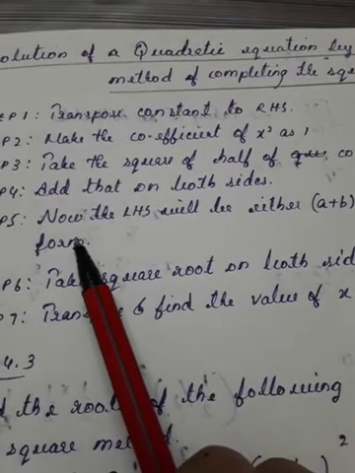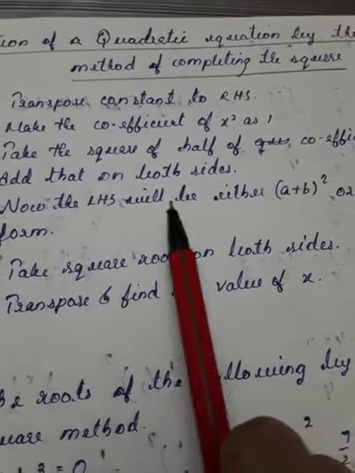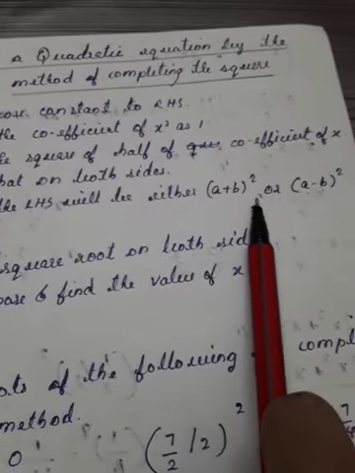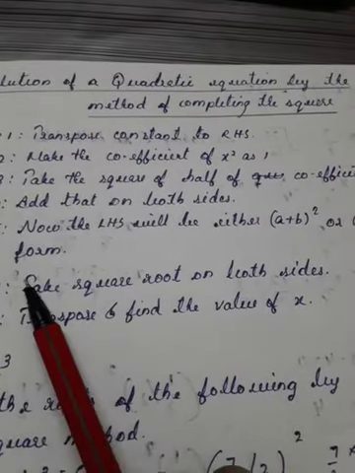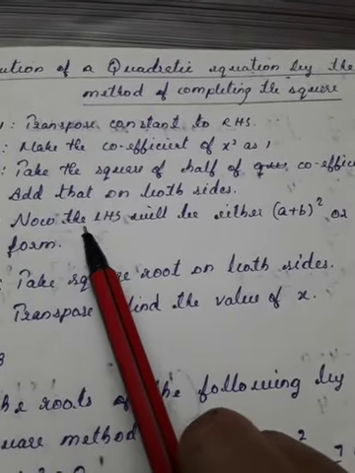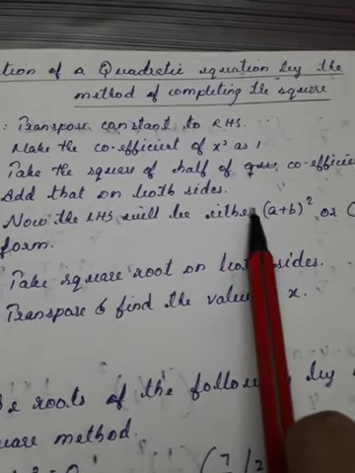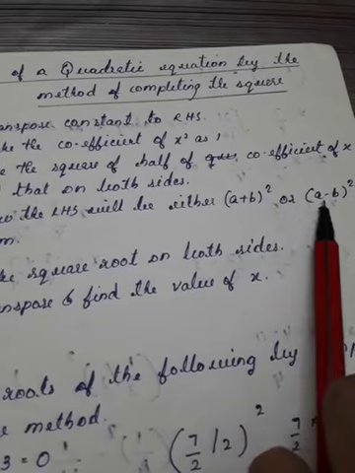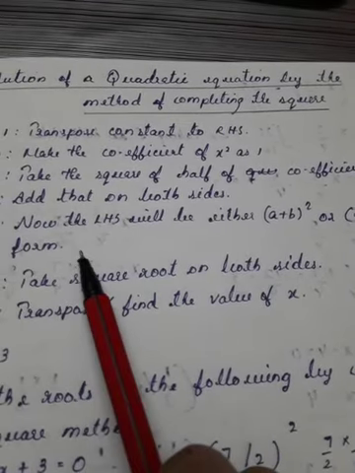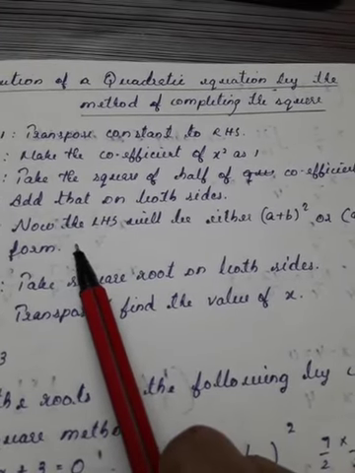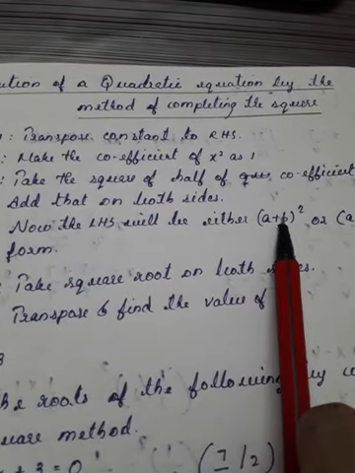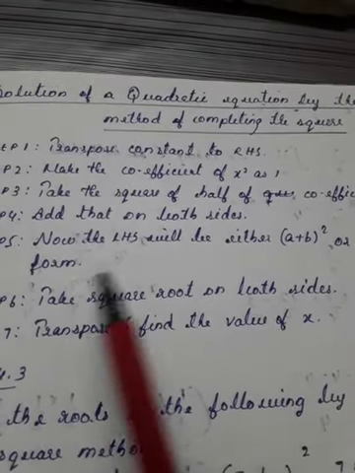Then the fifth step is that the LHS will be either in the form (a + b)² or (a − b)². Now our LHS will be the expanded form of (a + b)² or (a − b)², and we write that in the form (a + b)² or (a − b)².